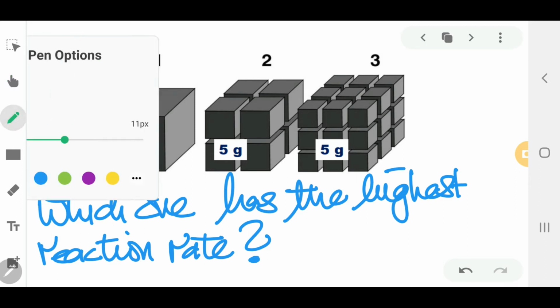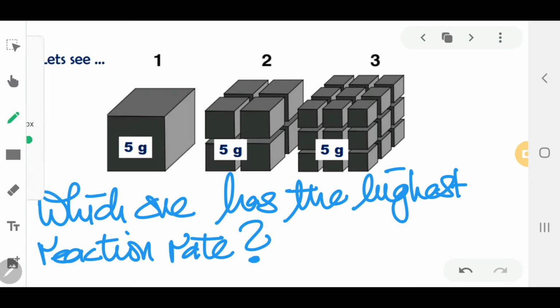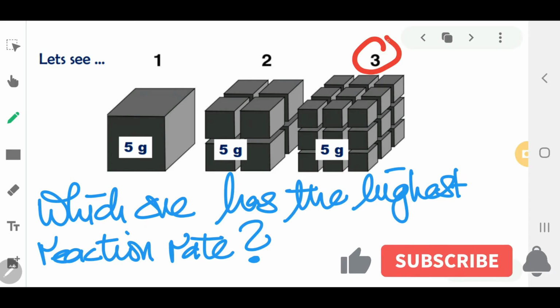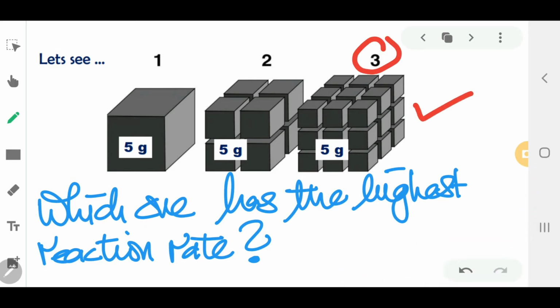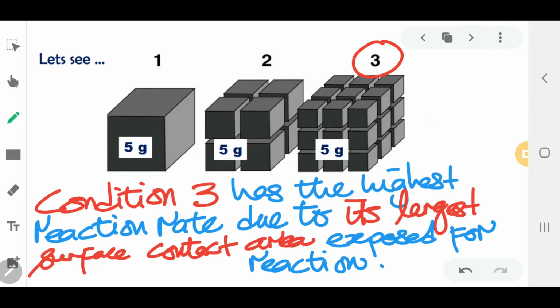If you think that the answer is number 3, that this one is going to have the highest reaction rates, you are absolutely correct. The reason why condition 3 has the highest reaction rates is because, if you compare 1, 2, and 3, condition number 3 will have the greatest surface contact area exposed for reaction.